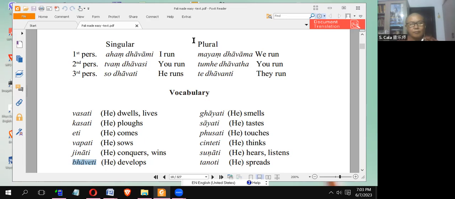Then mayam bhavama. Okay, try again. So bhaveti, te bhavanti. Tuam bhavesi, tumhe bhavatha. Aham bhavami, mayam bhavama.